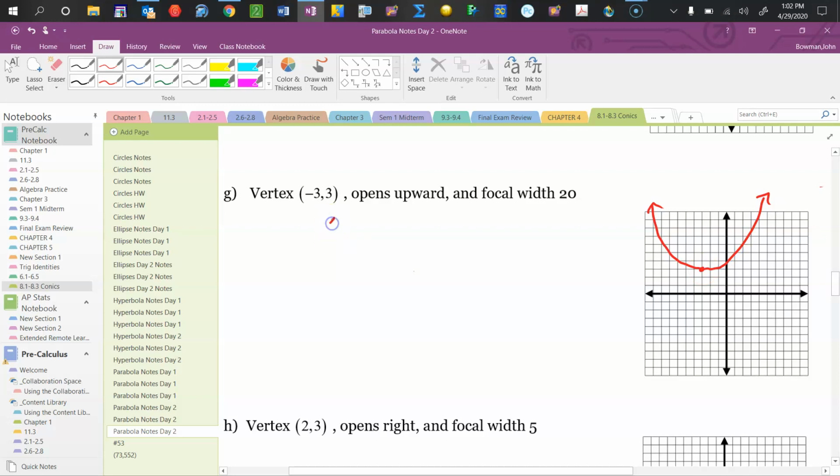So p is positive, so we can just say right off the bat 4p is equal to 20, because 4 times the absolute value of p is equal to the focal width. So in this case, p is equal to 5. So our equation is x plus 3 quantity squared is equal to 20, for 4p, times y minus 3.